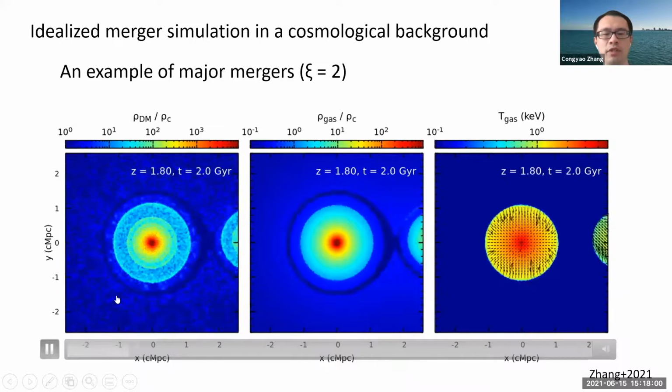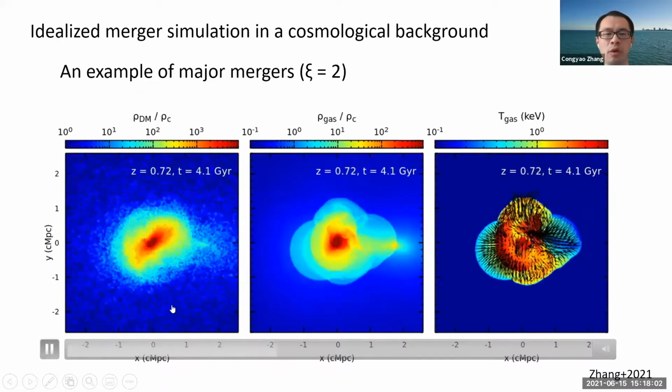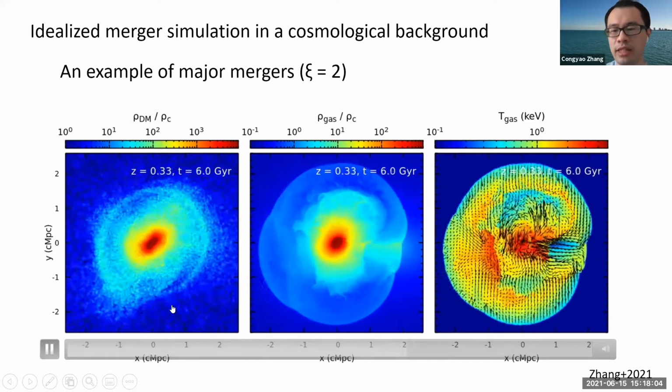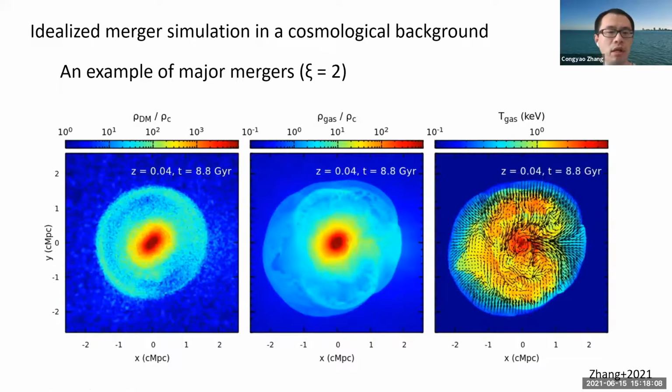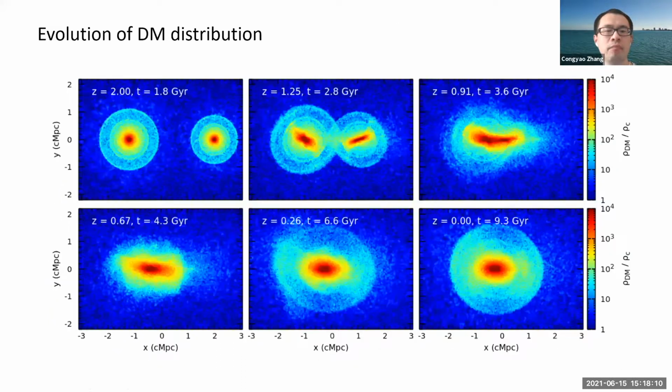So from the left to right panels, it shows the evolution of dark matter density, gas density, and temperature slices. So here, let's firstly see the evolution of dark matter distribution. This top left panel shows you the initial condition of our simulation. So you can clearly see the outermost caustic surface for each cluster.